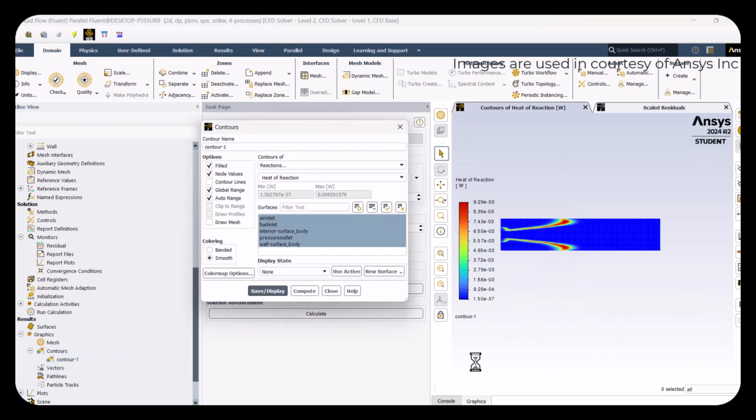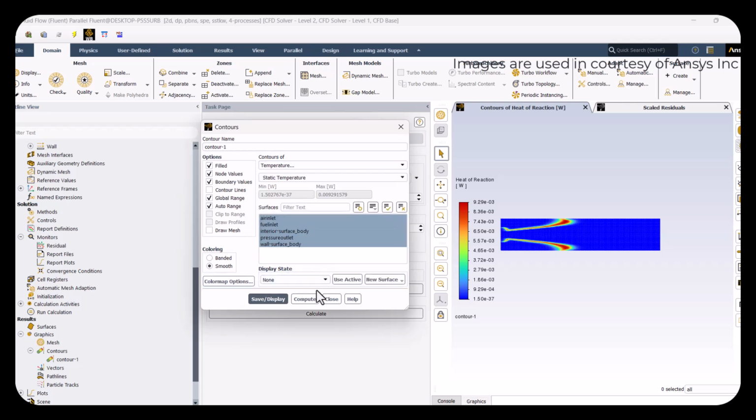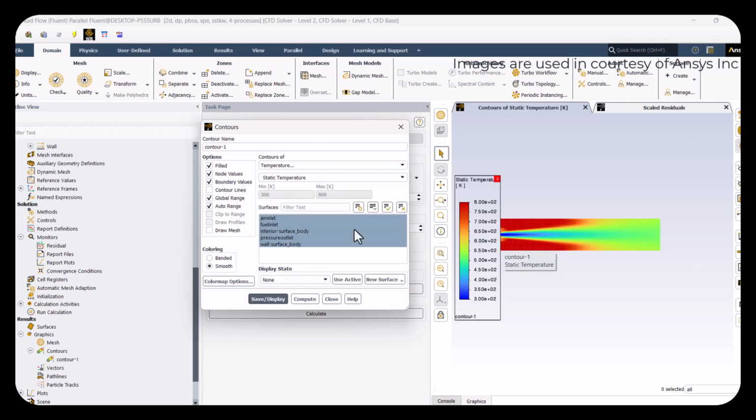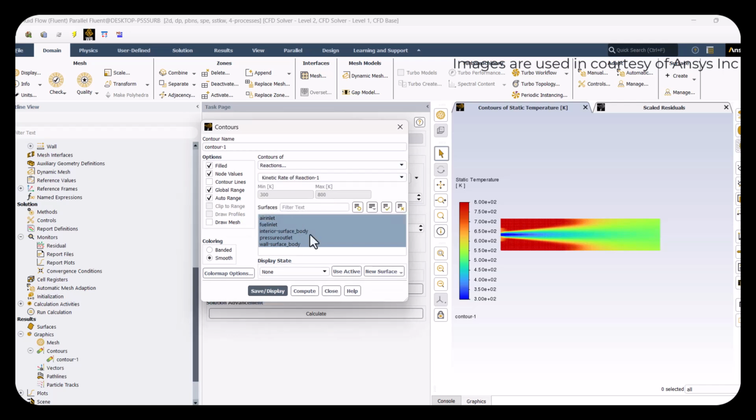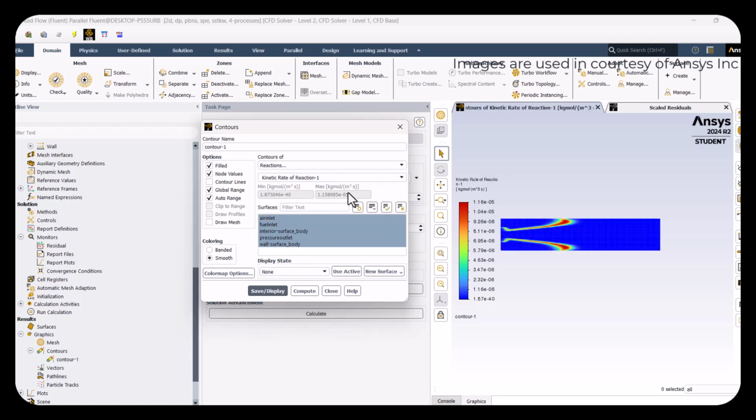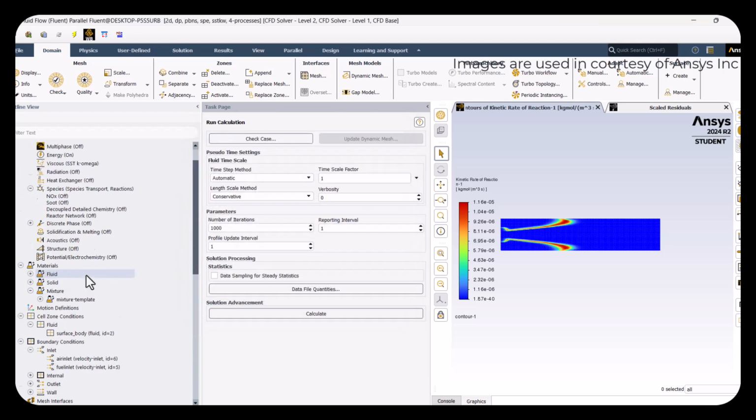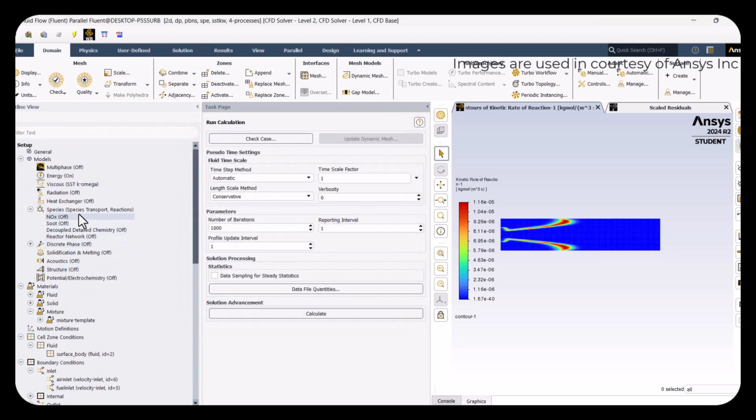Then now you will see the temperature and the reaction rate also. You can see the reaction rate initially it is 10 power minus 28, now it's 10 power minus 5. So more reaction rate due to the temperature.